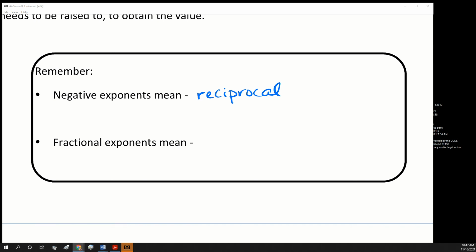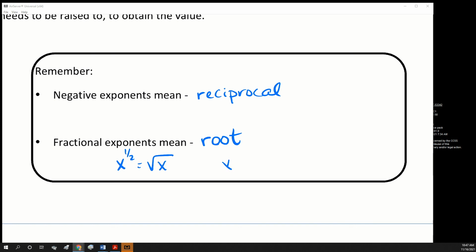All right. What does a fractional exponent mean? Like an exponent of 1/2 or an exponent of 1/3? Anybody? We may not have talked about that this year. You did learn about it because we're about to learn it in Algebra 2. A fractional exponent means a root. So if you have x to the 1/2, that means the square root of x.